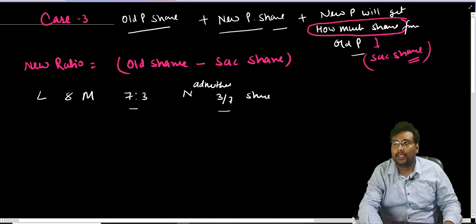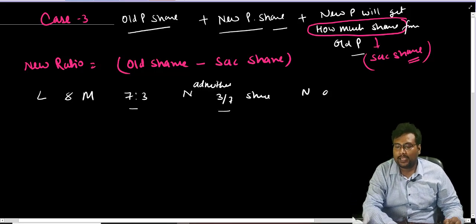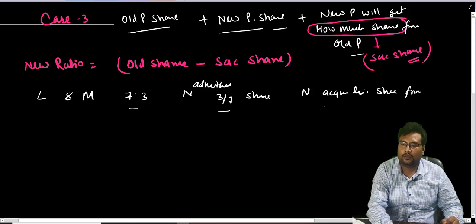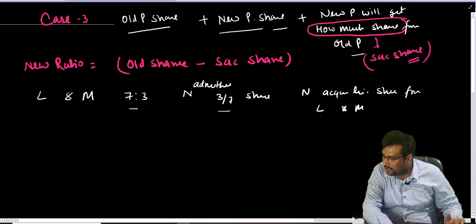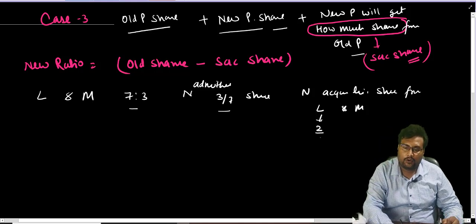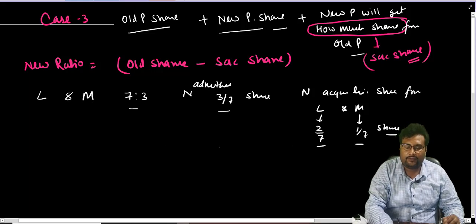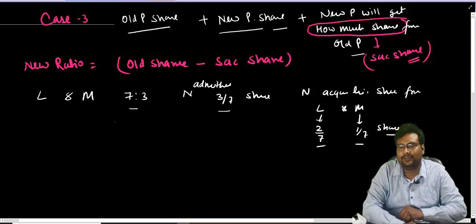And N acquires his share from L and M like this. He takes from L 2/7 share, and from M he takes 1/7 share. 2/7 from L and 1/7 from M.